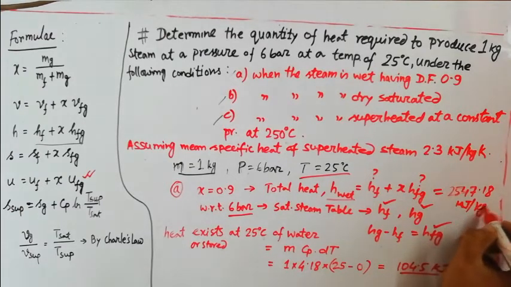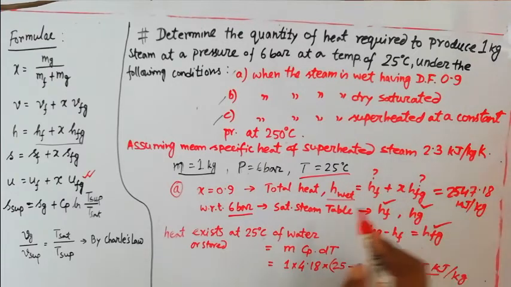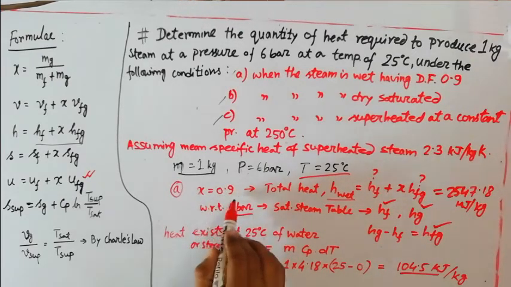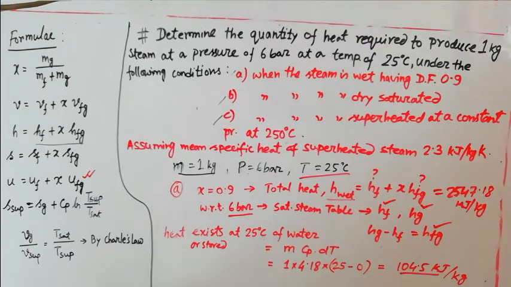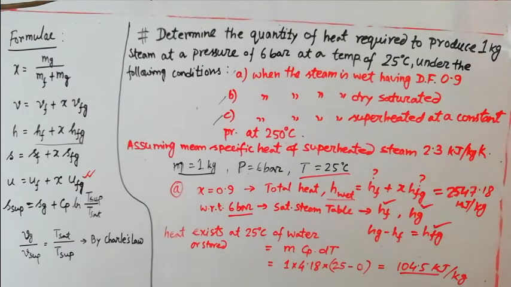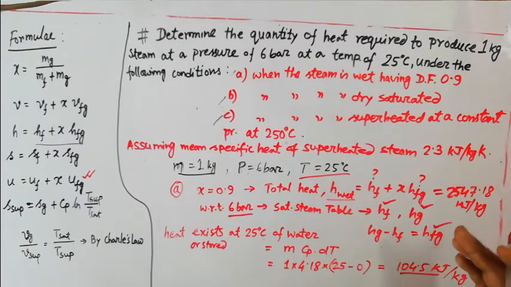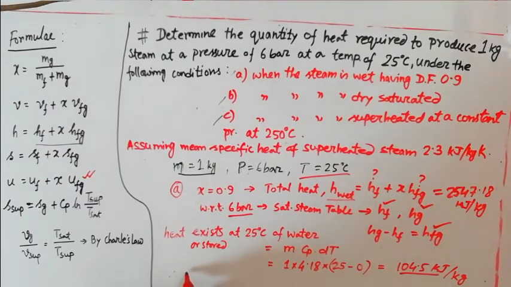What does this mean? That is the amount of heat present in the steam at 0.9 dryness fraction. And initially, while the water is at 25 degrees centigrade, the heat stored in that water is 104.5. Now you have to reach from here to there, so what amount of heat do you have to additionally supply?